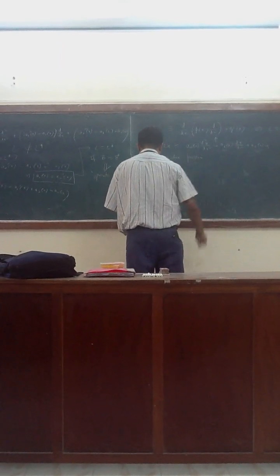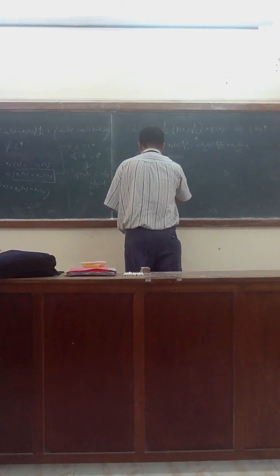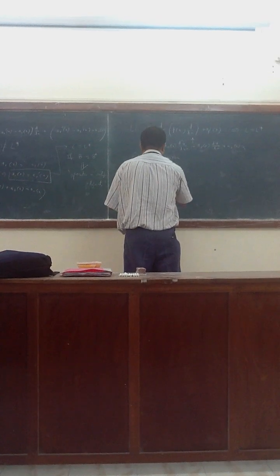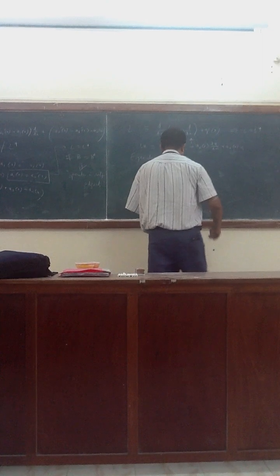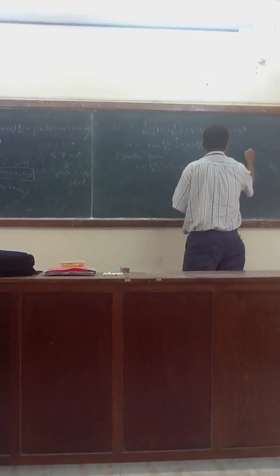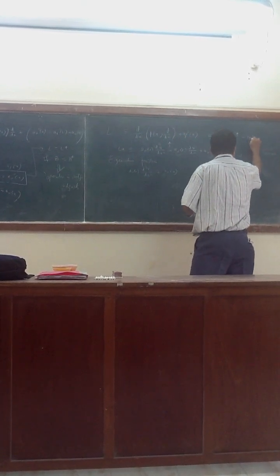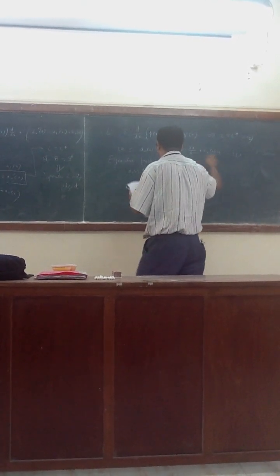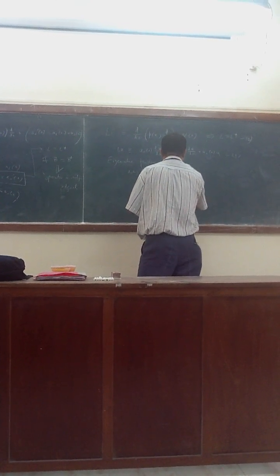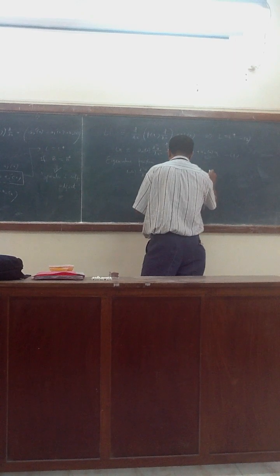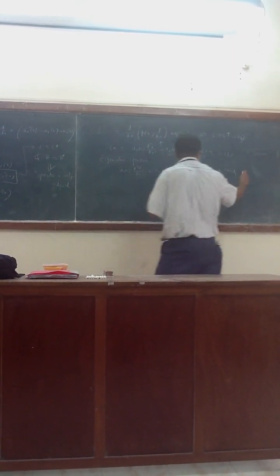The eigenvalue problem we can write as a0(x) d2u/dx^2 plus a1(x) du/dx plus a2(x) u minus lambda a3(x) u. I write this as the first equation, and the second equation I will write later, because we discussed the first one first. This is the most generalized eigenvalue problem.